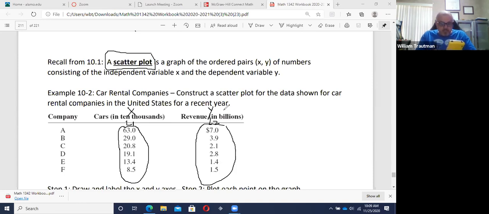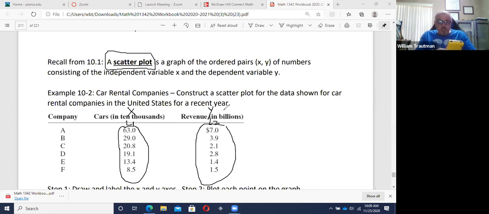And in L1, I'm typing in 63, 29, 20.8, 19.1, 13.4. Don't forget to hit enter after every number you type in.